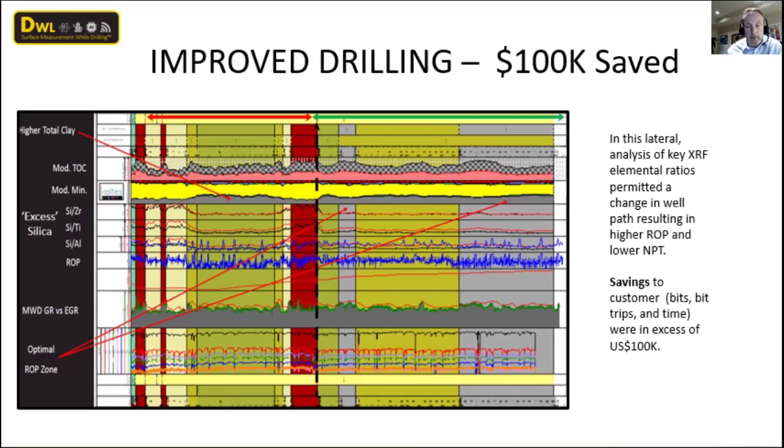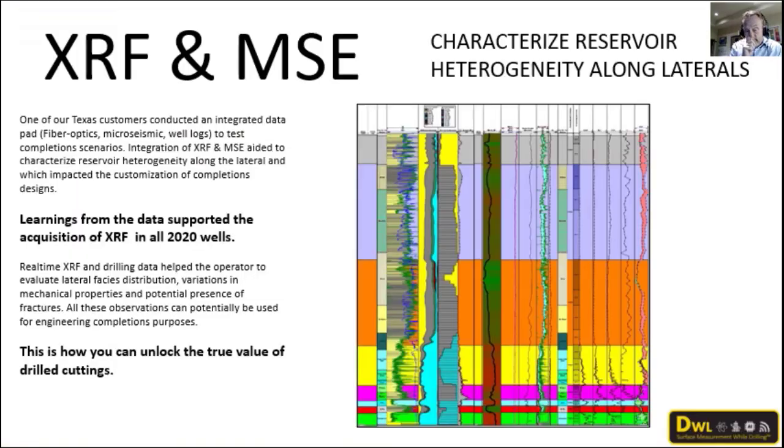We were able to steer the well path into an area of much lower drilling dysfunction and drilling vibration. In doing so, we were able to complete this entire lateral in one run, which on previous wells had necessitated a bit trip, and so significant savings onshore, even more savings offshore.